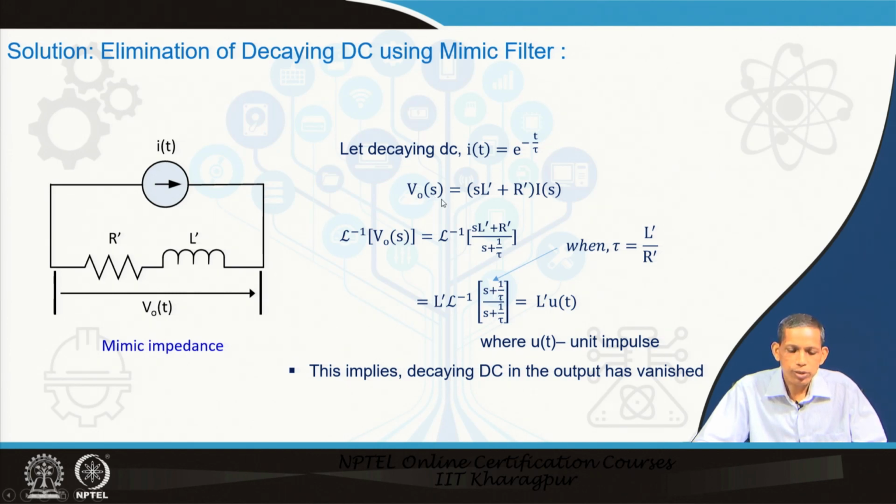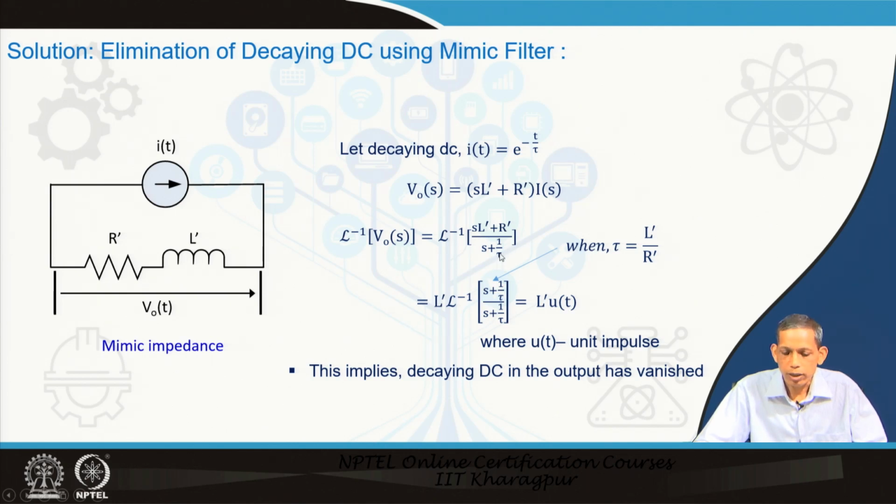Therefore, the output voltage V 0 S, the Laplace transform, will be S L dash plus R dash into I s. So, the Laplace inverse of this voltage gives V 0 t equals Laplace inverse of S L dash plus R dash divided by S plus 1 by tau.